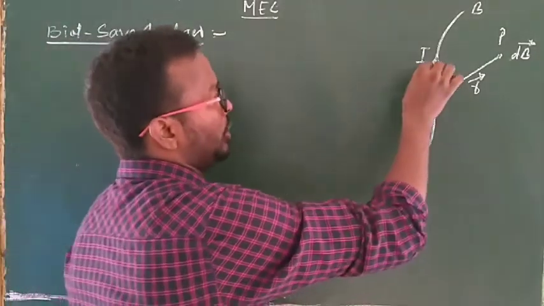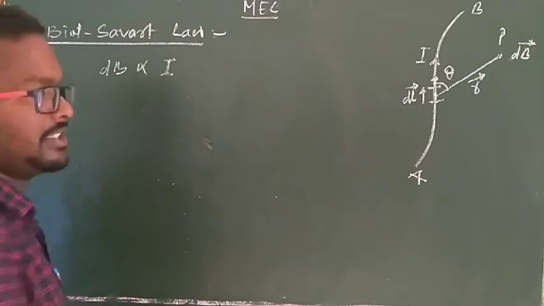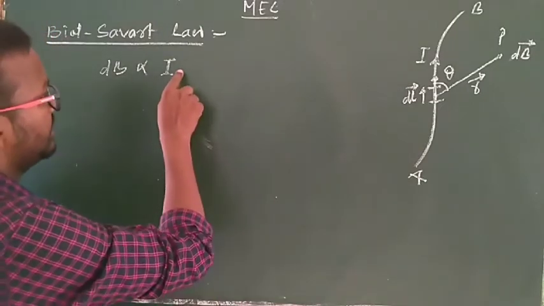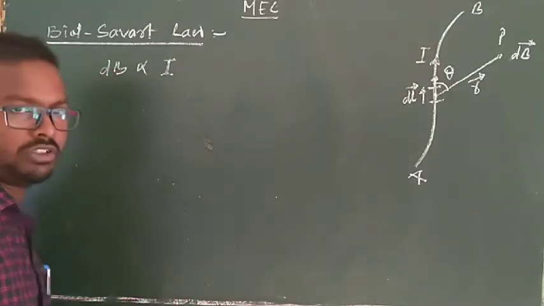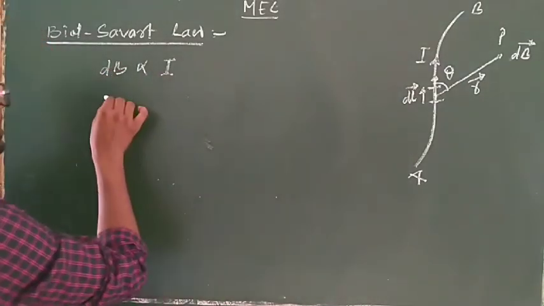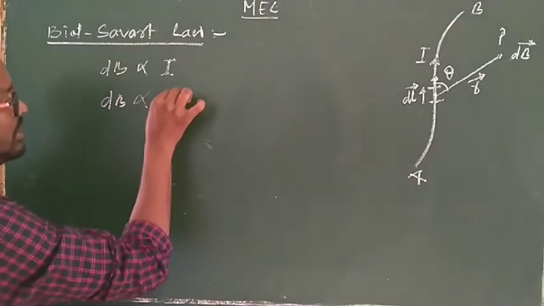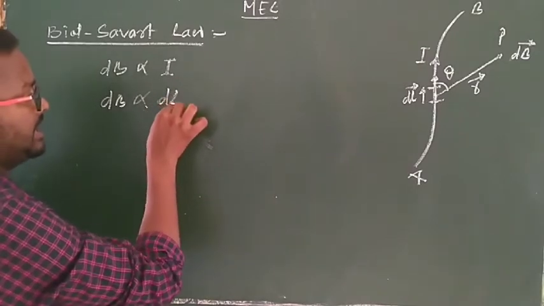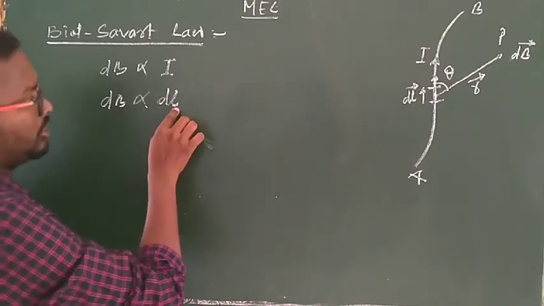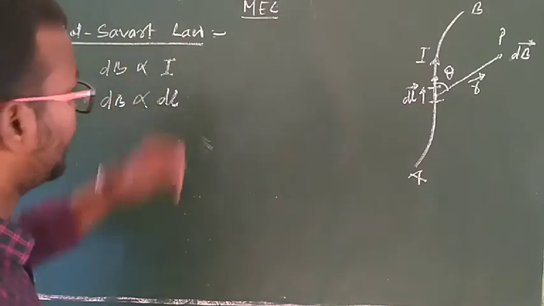If the current is maximum, the magnetic field will be maximum. If we increase the current, the magnetic field also increases. Second point, dB is directly proportional to dl, the length element. If the length of the conductor increases, the magnetic field also increases.